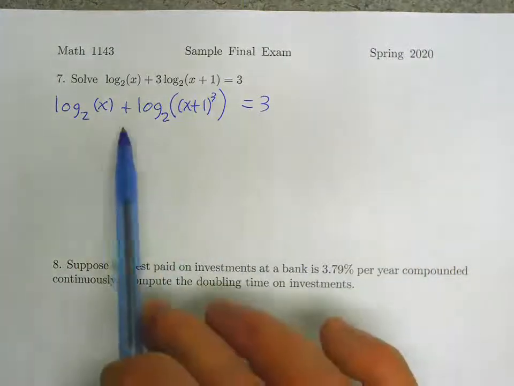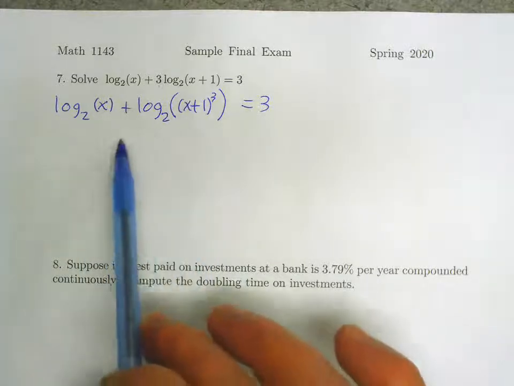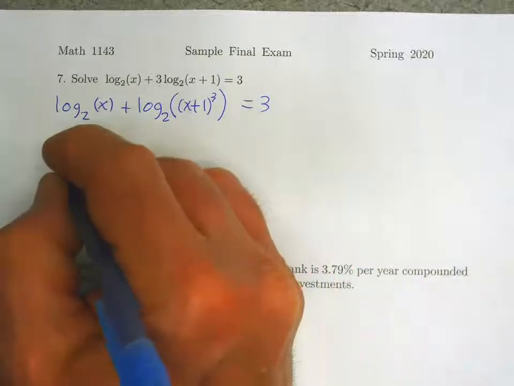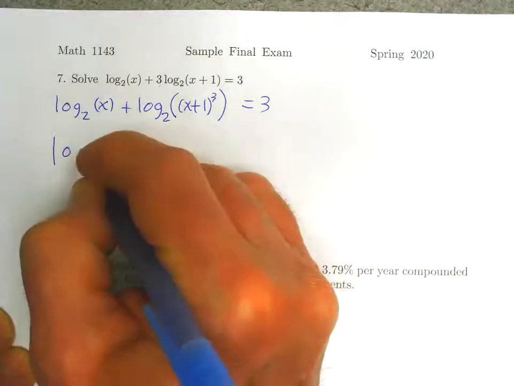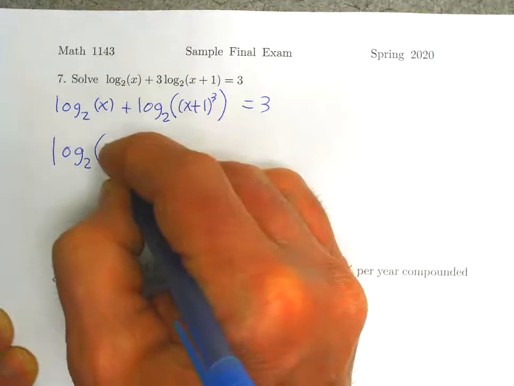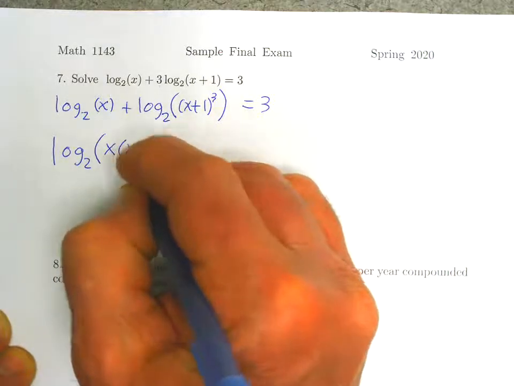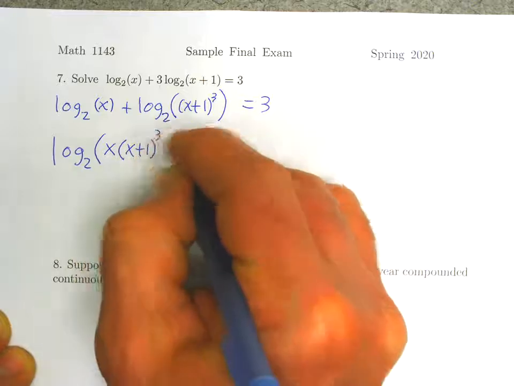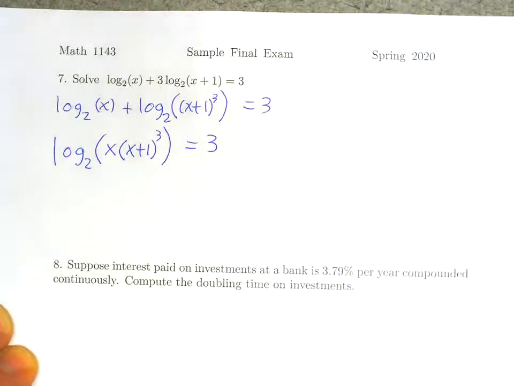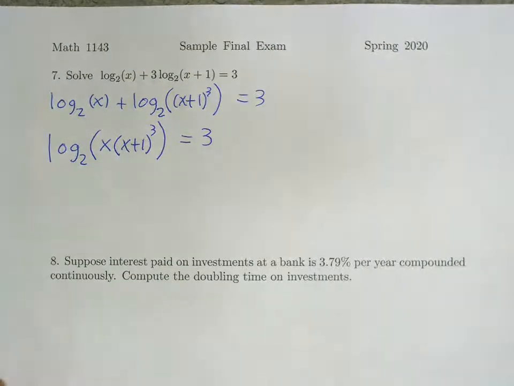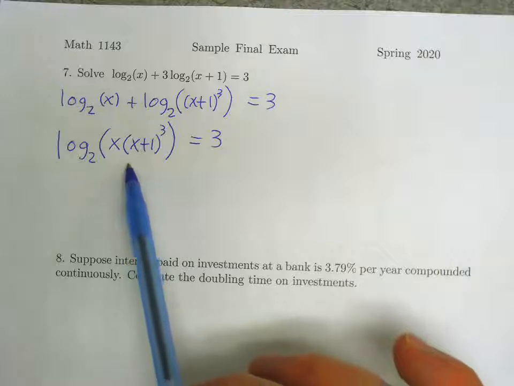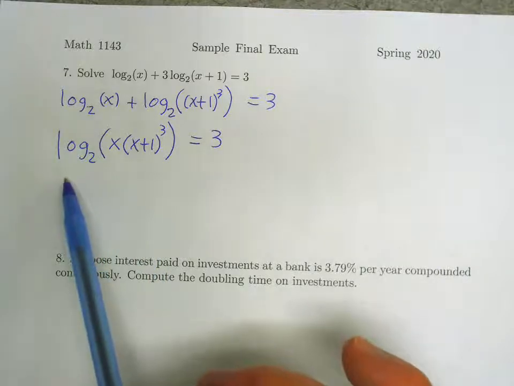Now that we're adding two base 2 logarithms, we'll write it as a single base 2 logarithm and multiply the arguments. So this becomes log base 2 of the argument, x times x plus 1 to the third equals 3. Here the goal is to solve for x. We see that x is in the argument of this base 2 logarithm.